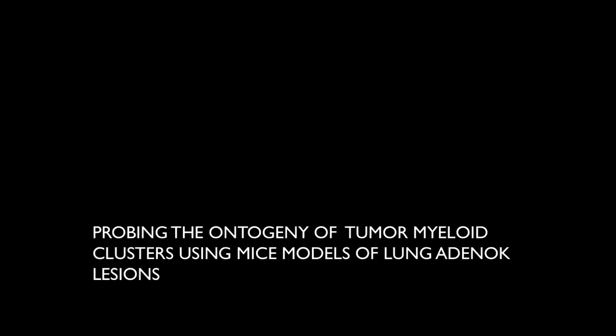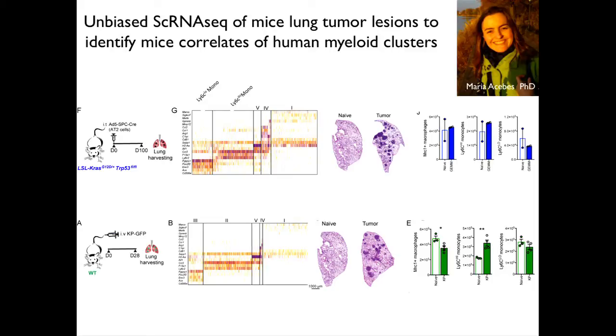Okay, but what we also wanted to do is really start to probe the ontogeny of the myeloid compartment in these tumor lesions. Now, we cannot fate map a human. So what we decided to do is to go back to the mouse and see whether in this tumor lesion, these tissue-resident macrophages were persisting in the tumor and whether they were contributing to tumor progression. Here we used two different tumor models of lung adenocarcinoma that were developed by Tyler Jacks.